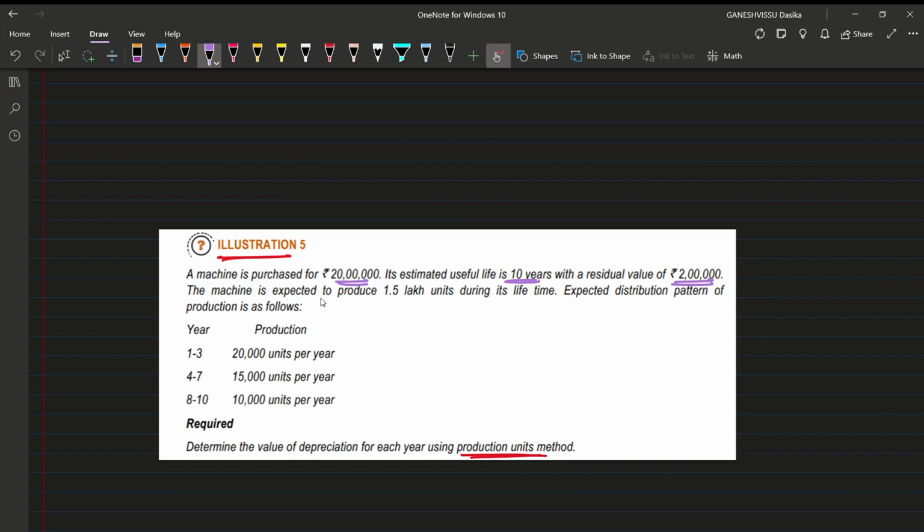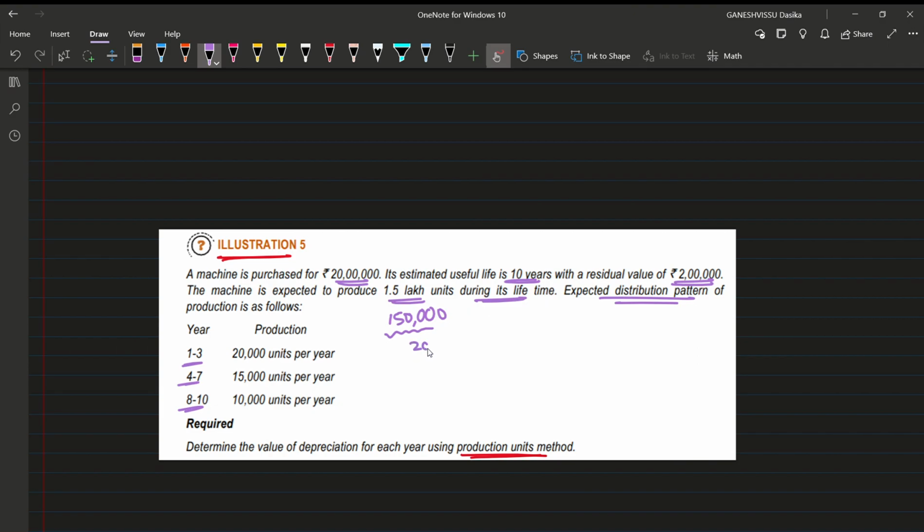The machinery is expected to produce 1,50,000 units during its lifetime. Expected distribution pattern is given. For 1 to 3, 4 to 7, 8 to 10, I think you know how to calculate.